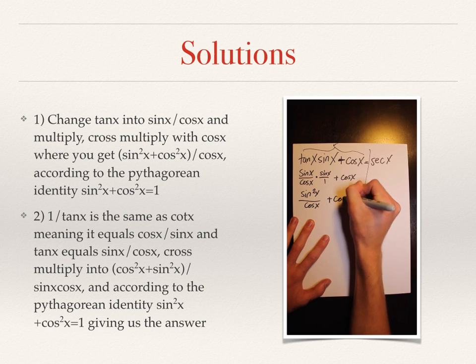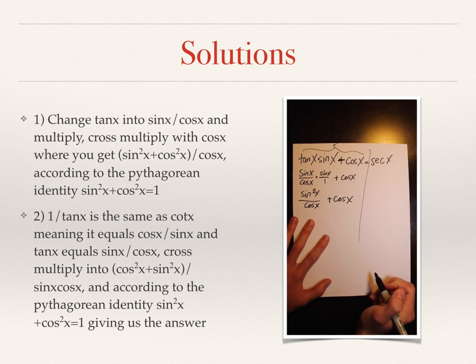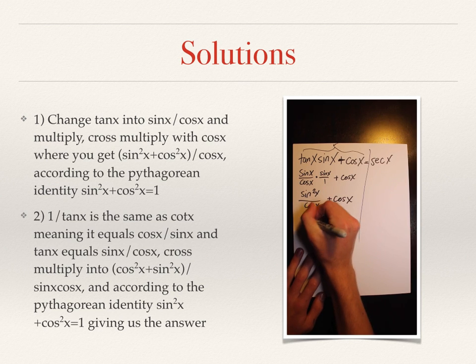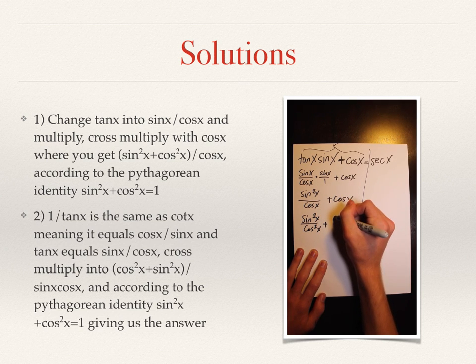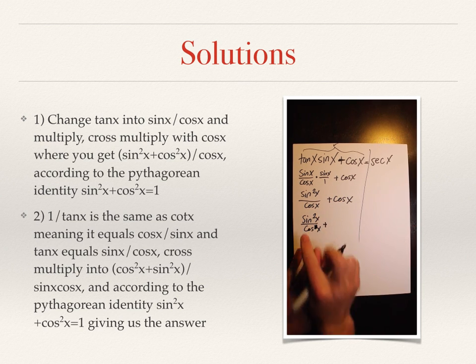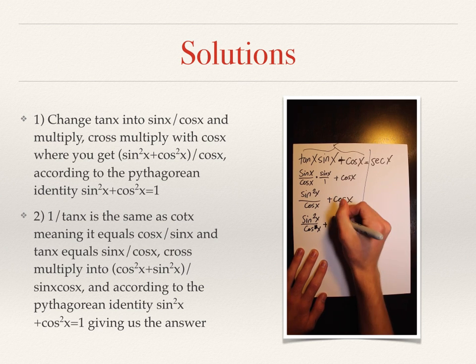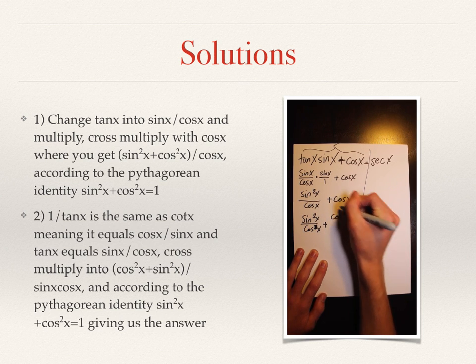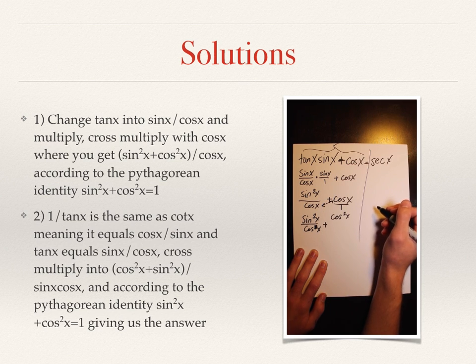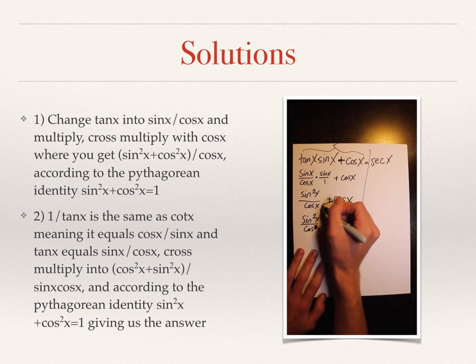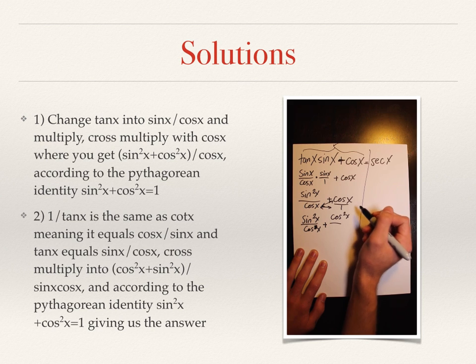Meaning you would get sine squared x over cosine x plus cosine x, and then you would cross multiply that. So let me, I messed up right there. Let me just explain this after I write it. So the cosine and the cosine go together, giving you cosine squared x.